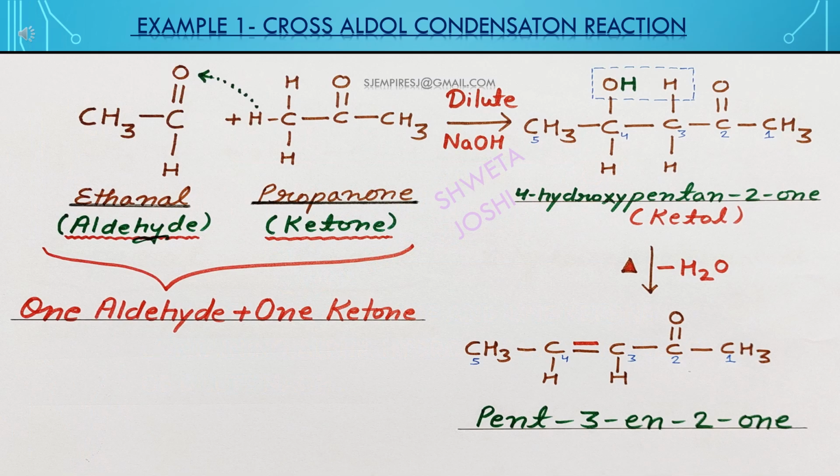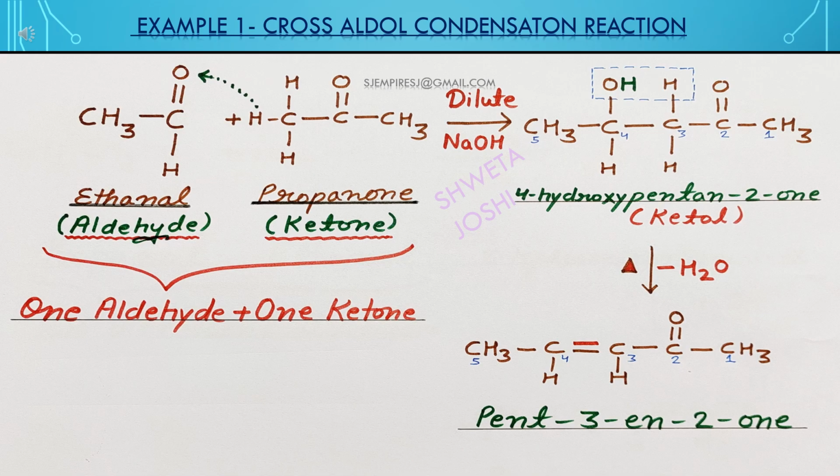In this example, we are reacting ethanol and propanone in the presence of dilute NaOH. In this reaction, alpha hydrogen atom from propanone will migrate to oxygen atom of ethanol molecule, forming the condensation product, that is 4-hydroxy-pentane-2-one.